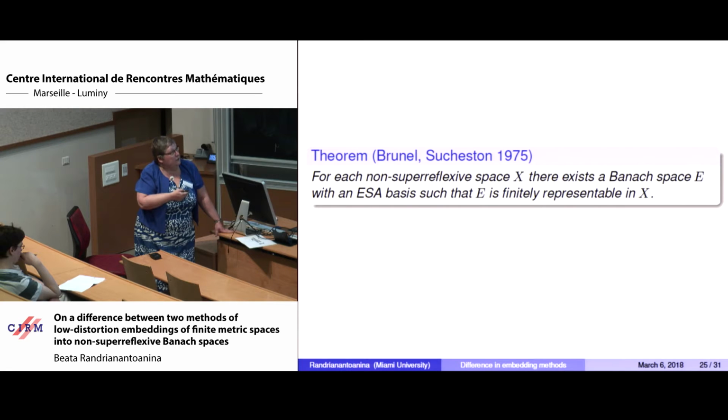So this method relies on a different characterization of reflexivity, which is the characterization due to Brunel and Sucheston from the 70s, that if a space is non-superreflexive, there exists a Banach space E with an ESA basis, meaning equal sign additive basis.